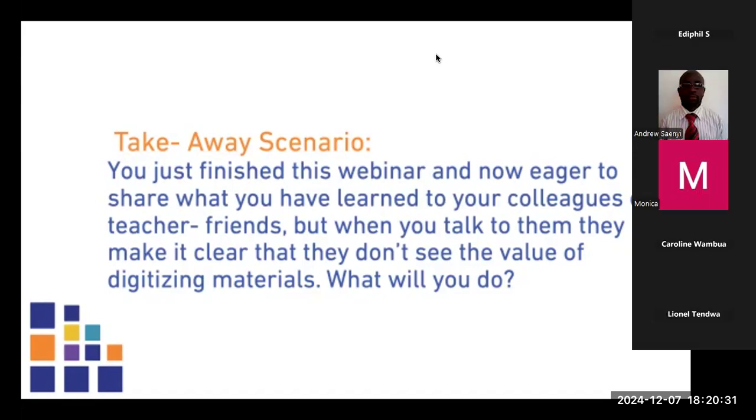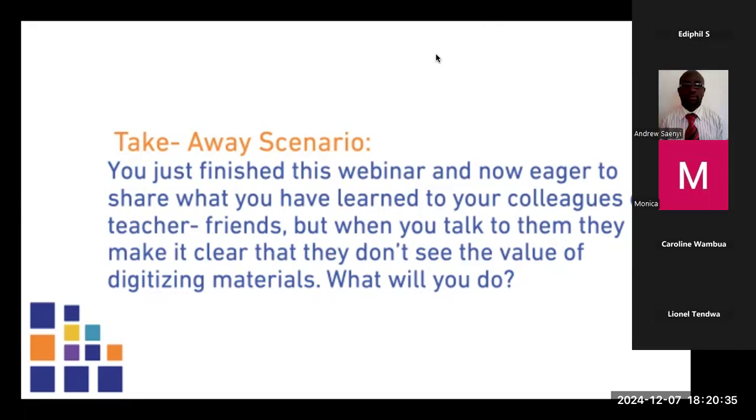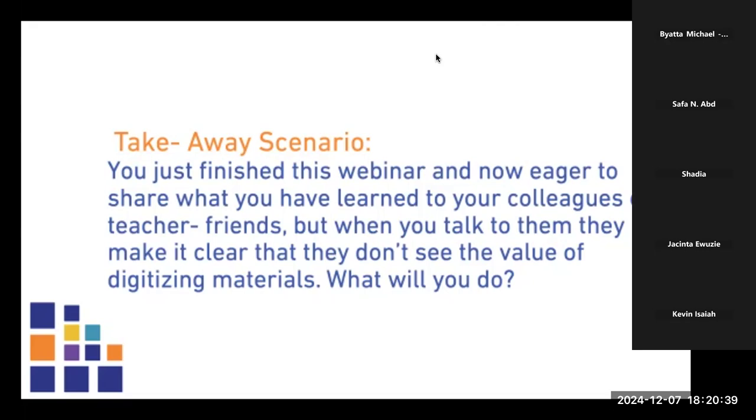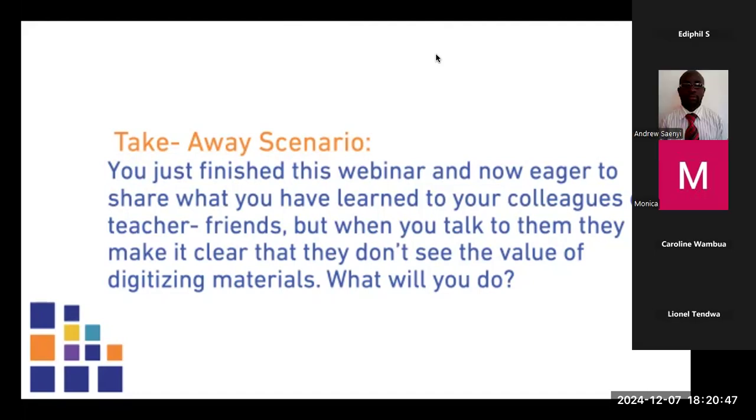Since we are teachers, we are the drivers and the implementers of the curriculum that they have already shared with us, or really obligated us to implement. Then it is quite different when you go to your classroom.